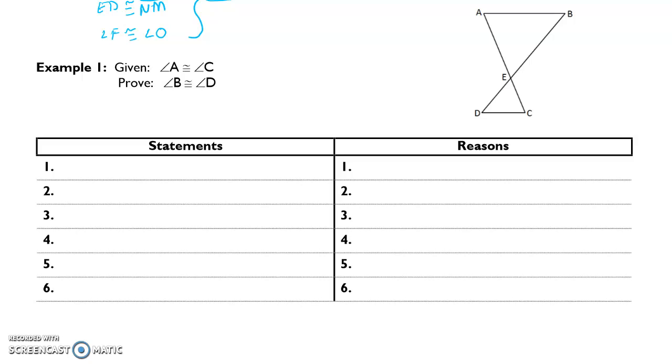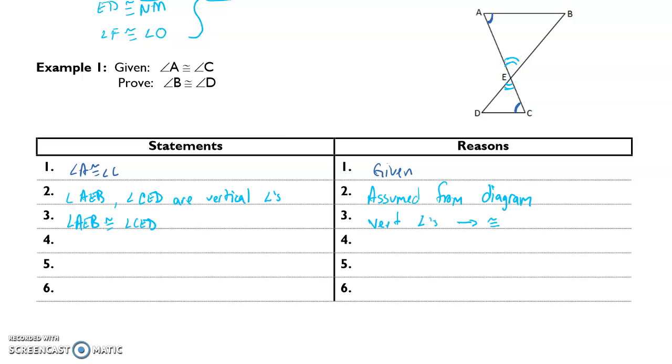All right, before we get some proof practice with that, let's take a look real quick at the no choice theorem proof. So in this case, we know that angle A as given is congruent to angle C as given. How can we prove this? Well, angle A is congruent to angle C was given. The next thing is what we have to assume from our diagram. I have vertical angles, and my vertical angles are congruent. So I state that they're vertical angles because I assume it from the diagram, then they are congruent because vertical angles are congruent.